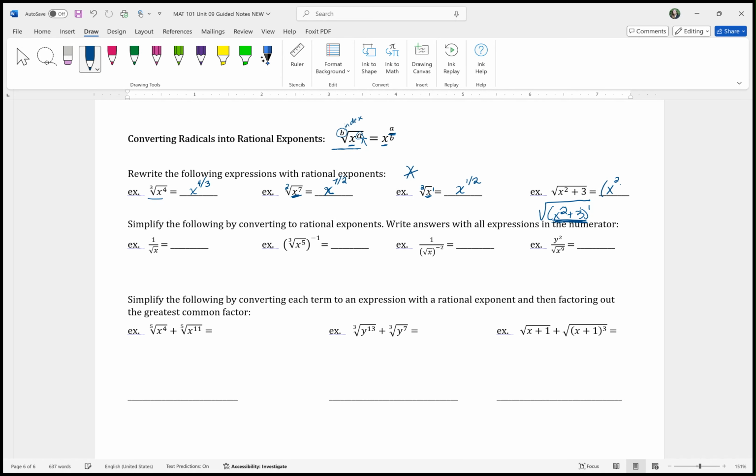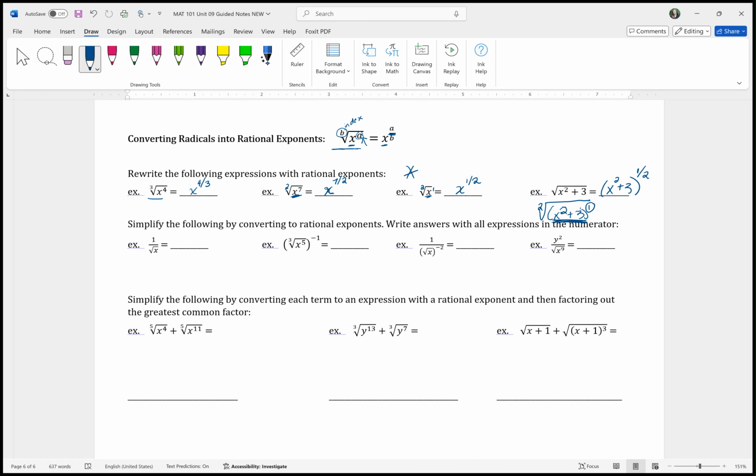X squared plus 3, that's going to stay. Its understood exponent of 1 will be in the numerator of the exponent. We're going to turn this into the fraction just like we did the other 3. So what is my index? That's that understood 2. And that is okay too. You can write and change it, that expression, to x squared plus 3 to the 1/2.